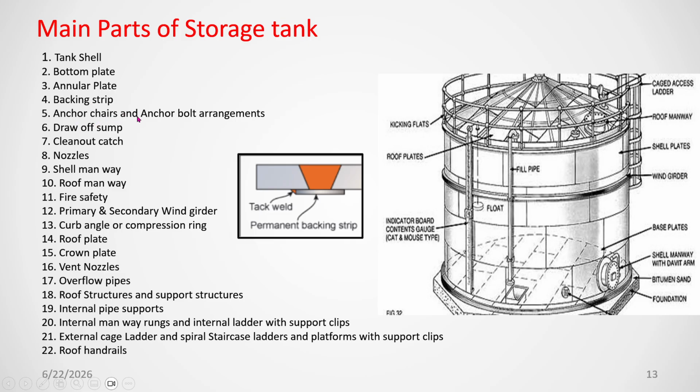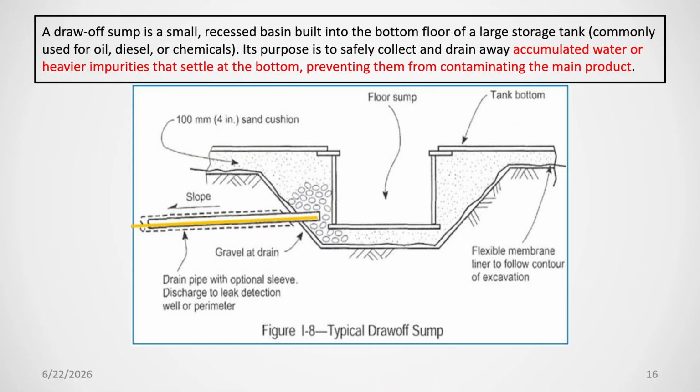Anchor bolt and anchor chair we have already explained. Draw of sump I am going to discuss now. Suppose the tank is having some oil, then the purpose of this draw of sump is to accumulate the heavier impurities that settle at the bottom, and prevent contamination of the main fluid.